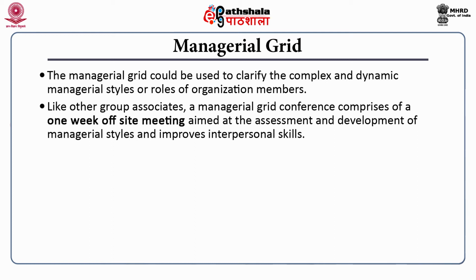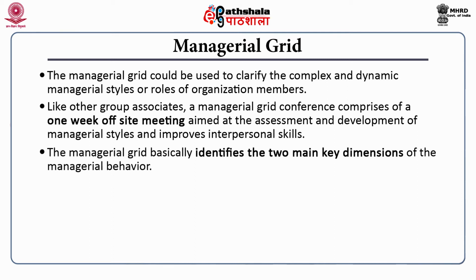A managerial grid conference comprises a 1 week off-site meeting aimed at the assessment and development of managerial styles and improving interpersonal skills. It is an intensive 1 week long analysis by each participant of his own managerial style.